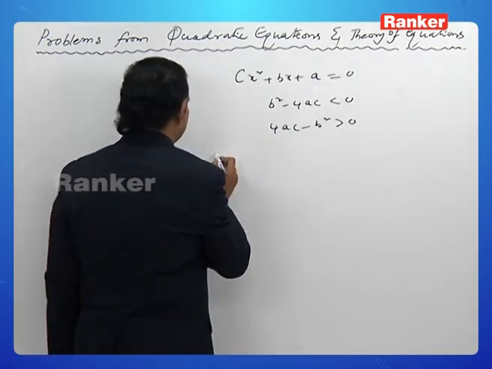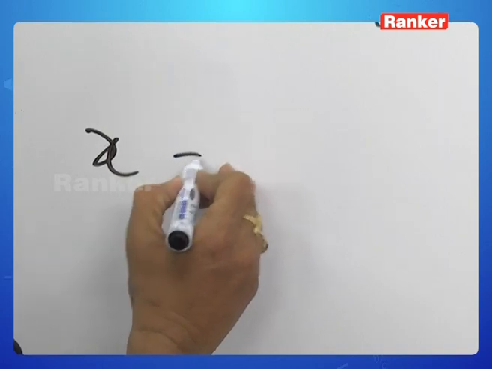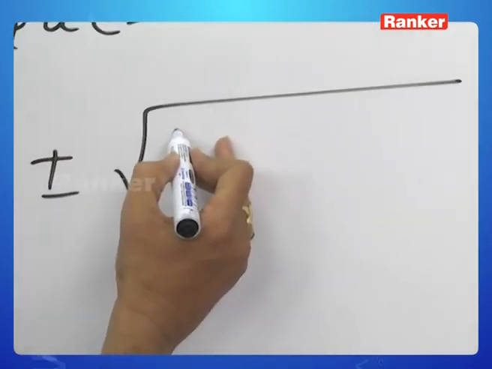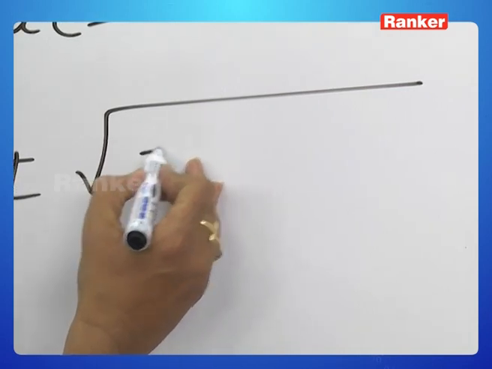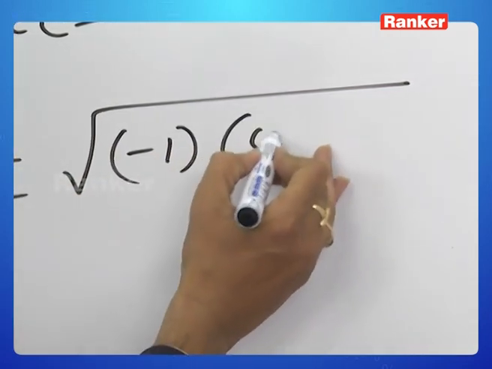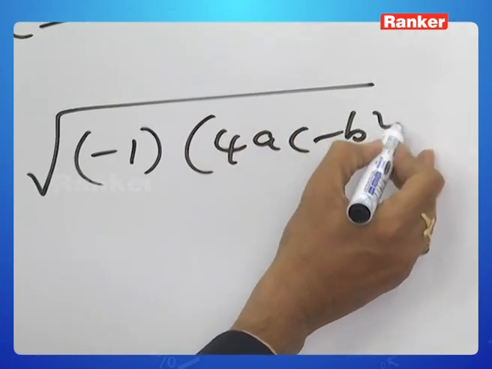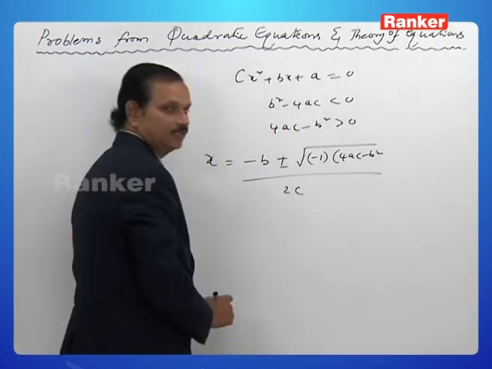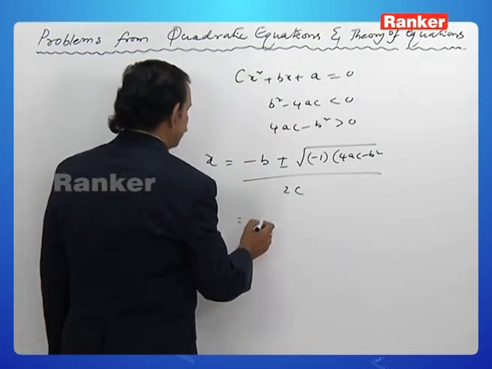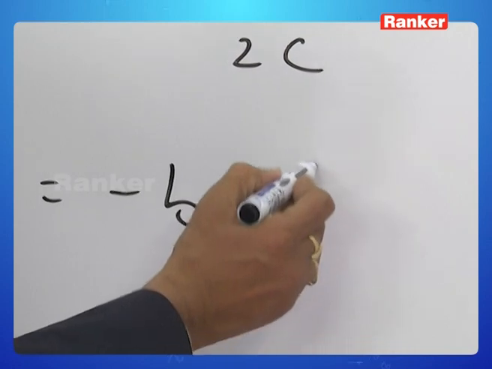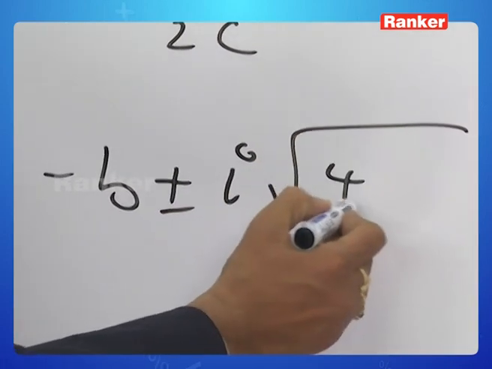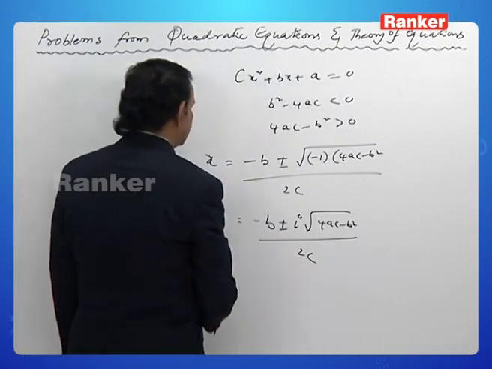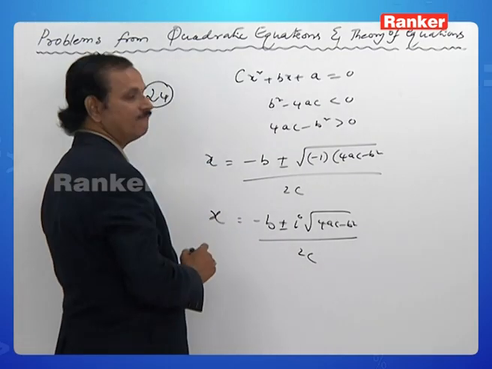What are the roots here? x = (-b ± √(b² - 4ac))/2c, which is (-b ± i√(4ac - b²))/2c. These are the values of x.